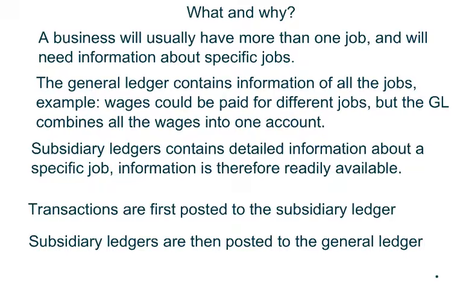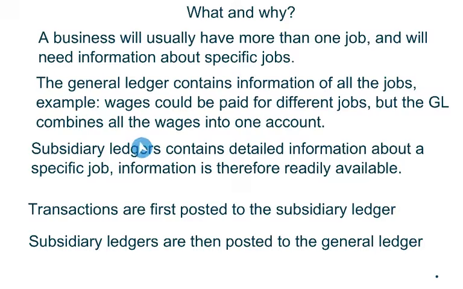Now, what is the general ledger? The general ledger contains information of all the jobs. So in the general ledger, all the jobs and all the expenses are combined in only one account. So in the general ledger, you will find one wages account or one material account, while in a subsidiary ledger, you will find different accounts for the different jobs.